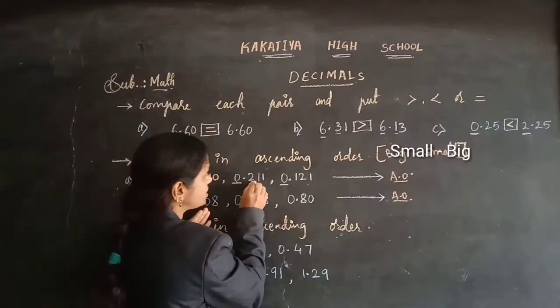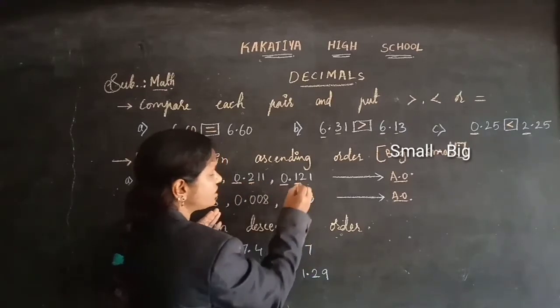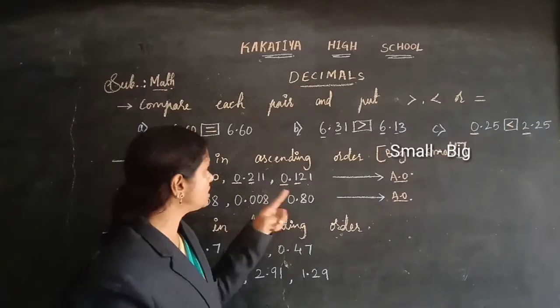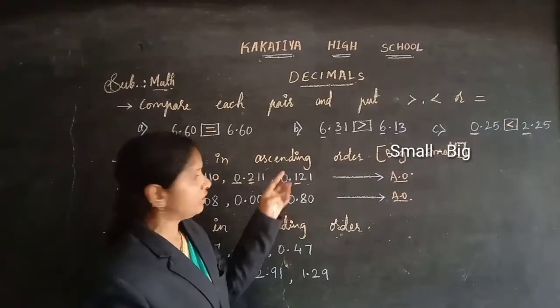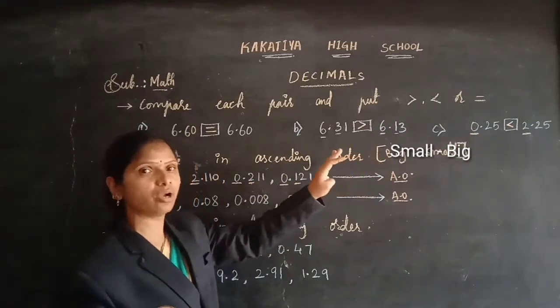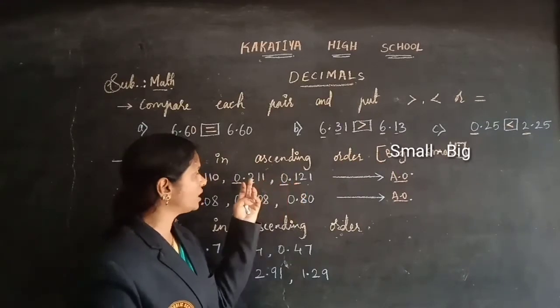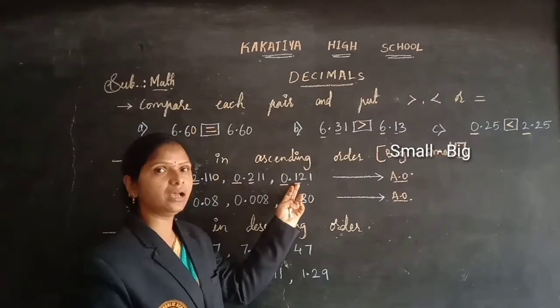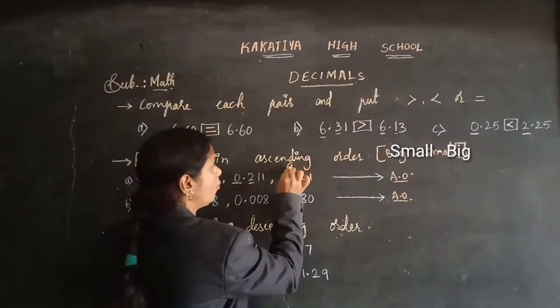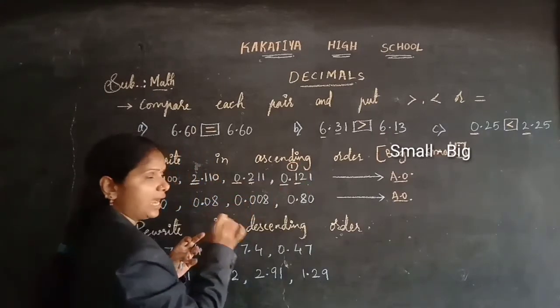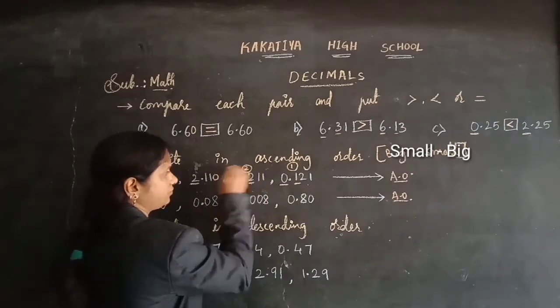The decimal part's first digit is 2 and the decimal part's first digit is 1. Okay, so which is smaller in this? We require the smaller one only, for ascending order. 1 is smaller than 2. So we are taking here 1. So we can give 1 the first place and the other the second place.